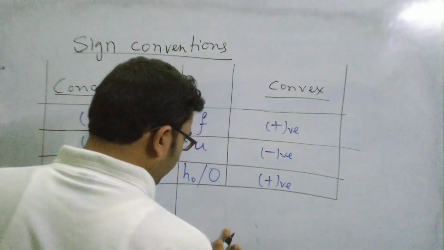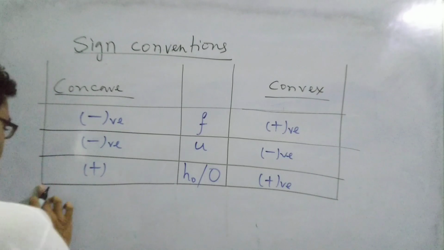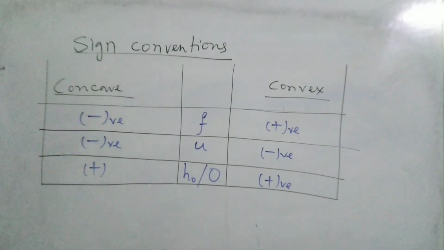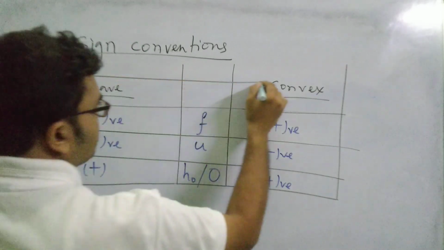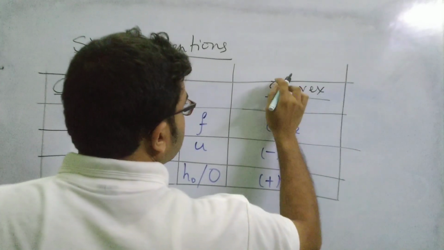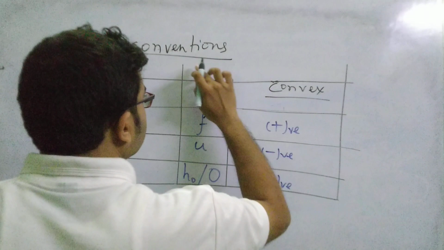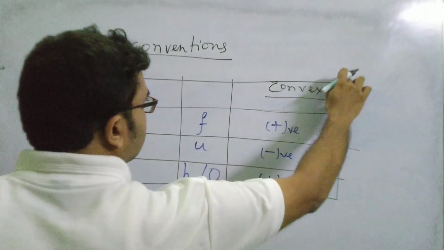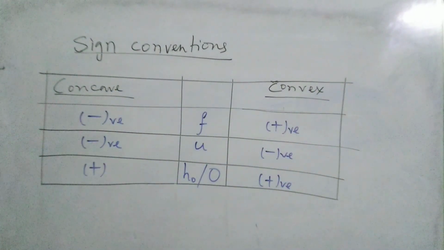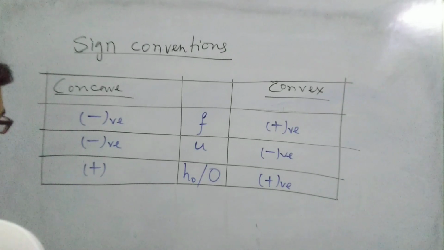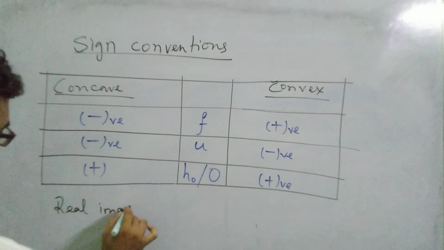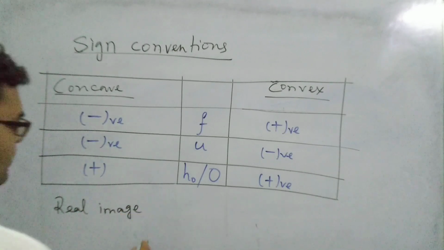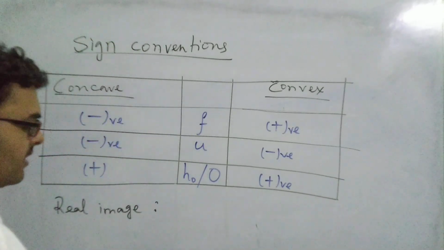Now what about the image height and the image distance? For that we will consider the kind of image. For a real image, the image is always inverted.